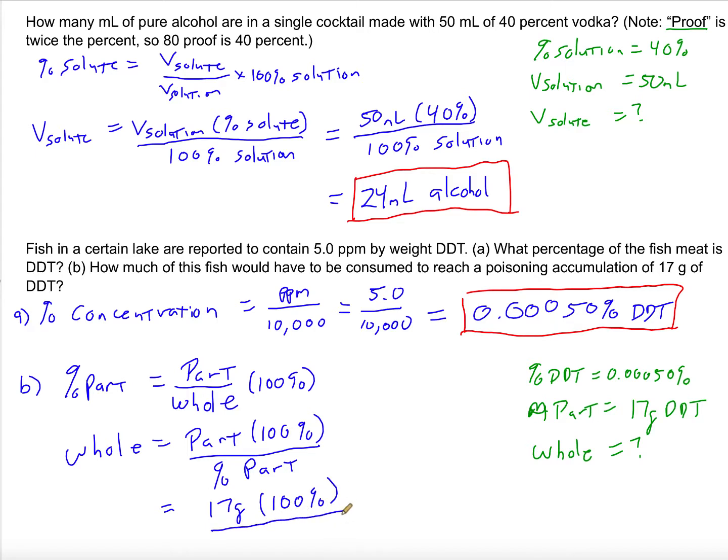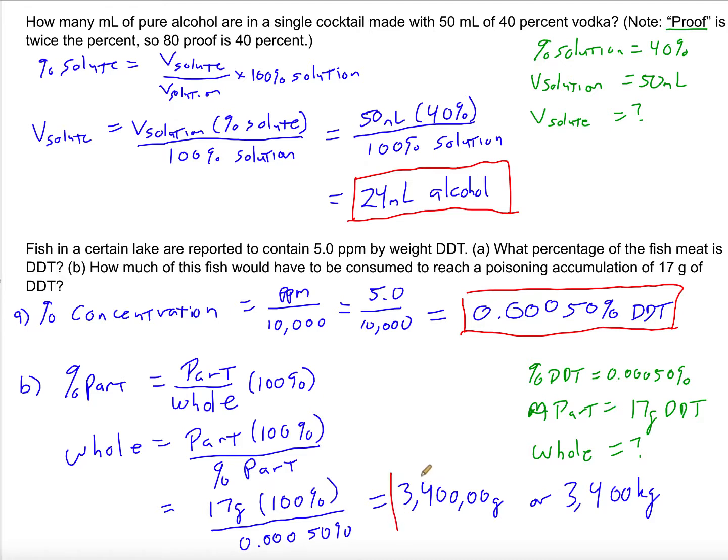And we divide that by the percentage of the part, which is 0.00050%. And that means how much fish needs to be eaten is, once we calculate that, 3,400,000 grams, or 3,400 kilograms of fish. So that is how much fish would need to be consumed.